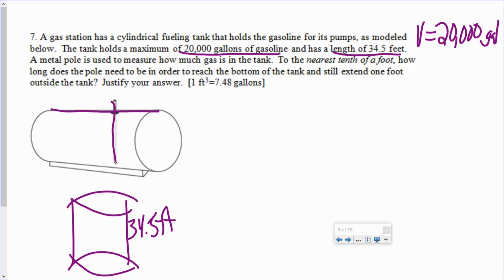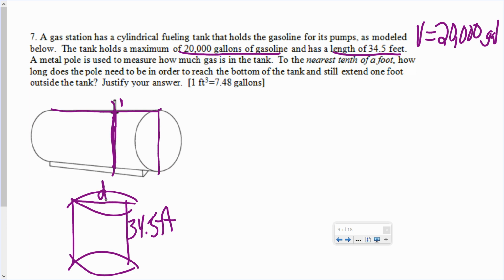All right, so this is 1. And the question is, what mathematically is this? The pole is going straight through the side of the cylinder. Whatever this distance is, it's the same as this distance. What that's asking for is the diameter.